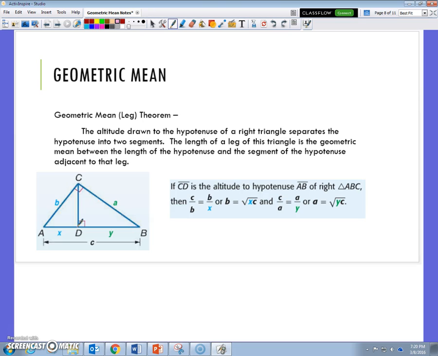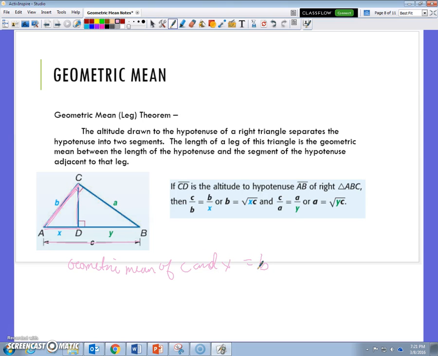Okay, so I could set up some ratios that C is compared to B, and if I'm looking at this triangle here, B, which is now the hypotenuse of this little triangle, compared to X. Okay, so what it's saying is I can find the geometric mean of C and X, and that will be representing the length B. So the geometric mean of C and X equals B.